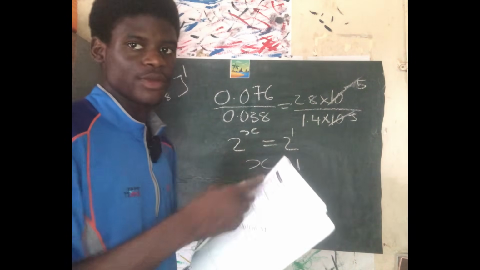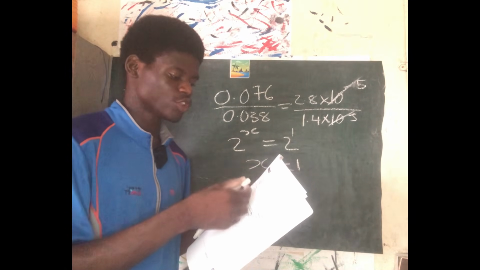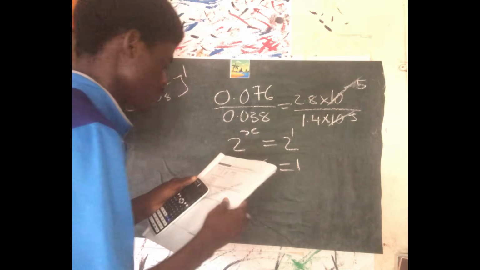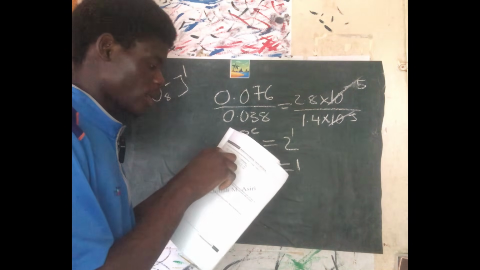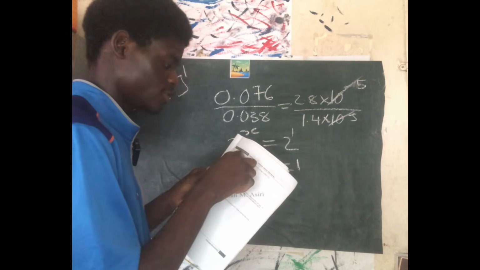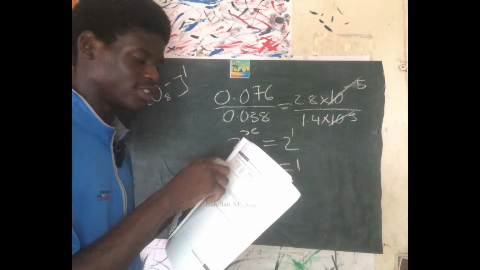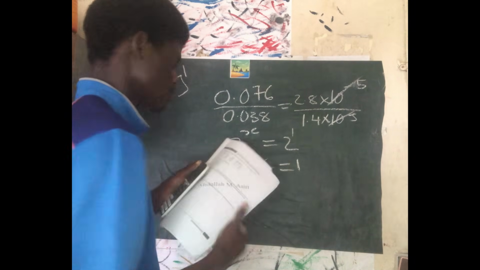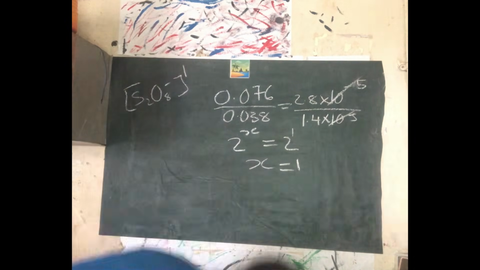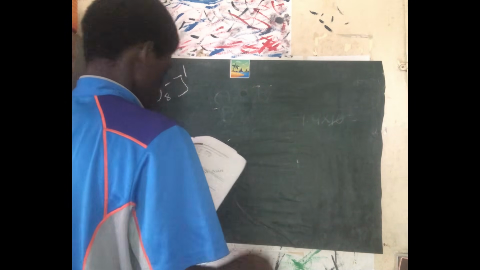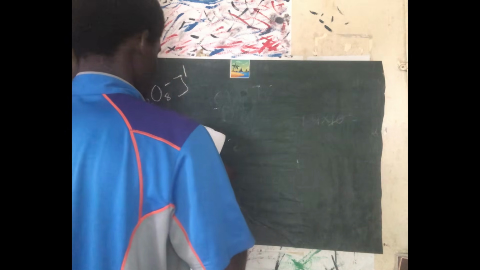To find the order of I minus, you just go to the concentration of S2O8 minus where it is constant. That's experiment 2 and 3. In experiment 2 and 3, it is constant for S2O8 minus and it is changing for I minus. So let's do that for I minus, just the same thing we did here. Big divided by small.